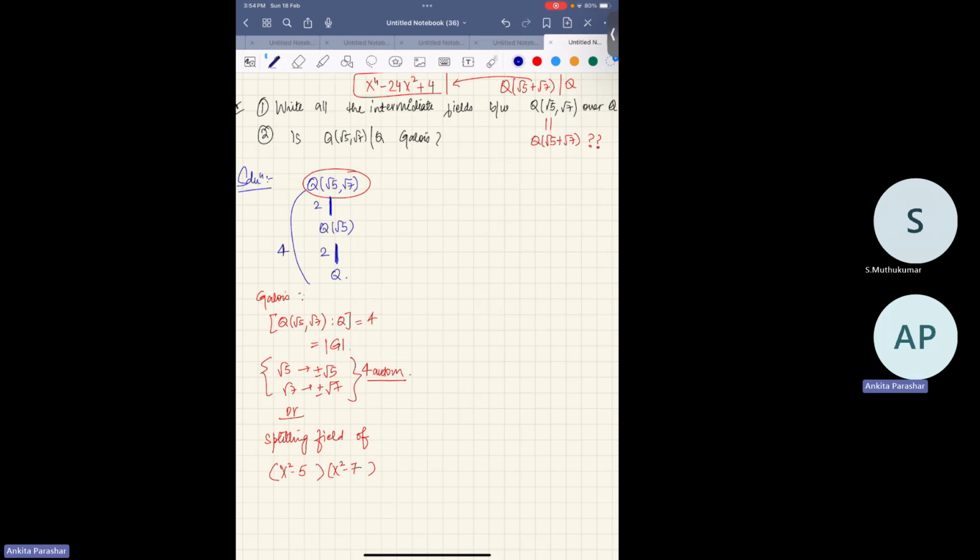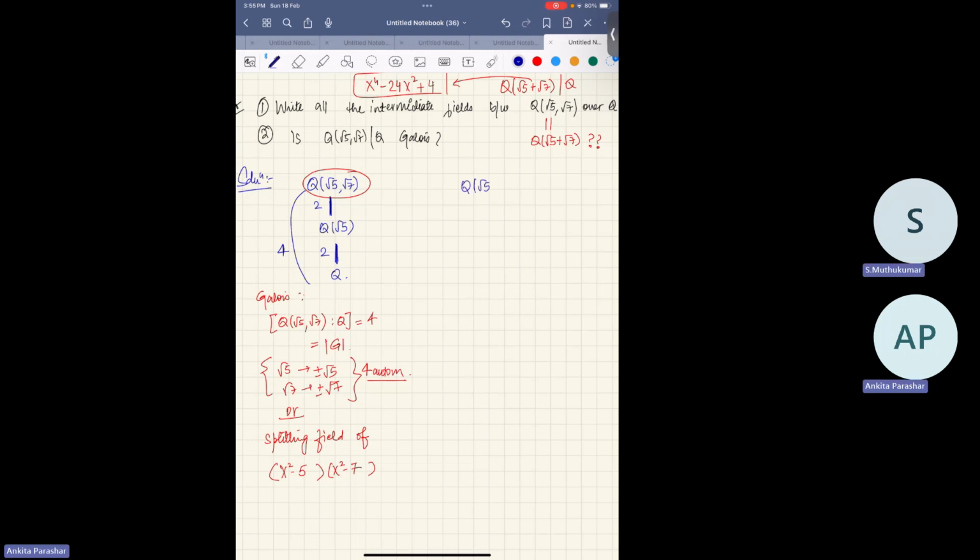You can say that, provided you can say that these two fields are the same. Can we say that these two are the same? What do you feel? Are they the same? Q of root 5 comma root 7. So the second one is contained in the first one. Exactly, correct.